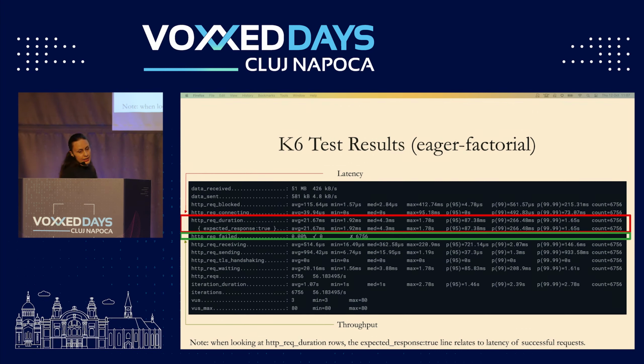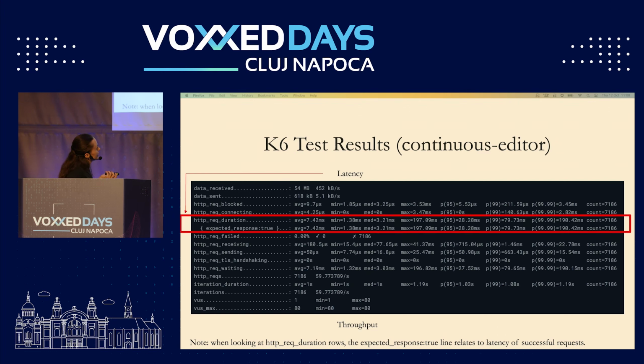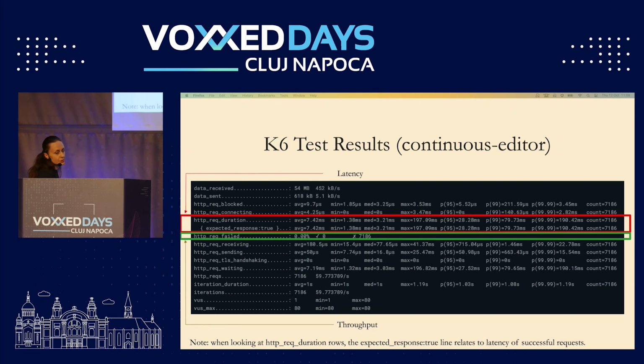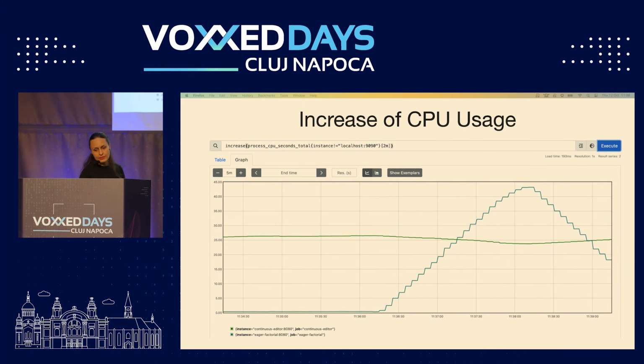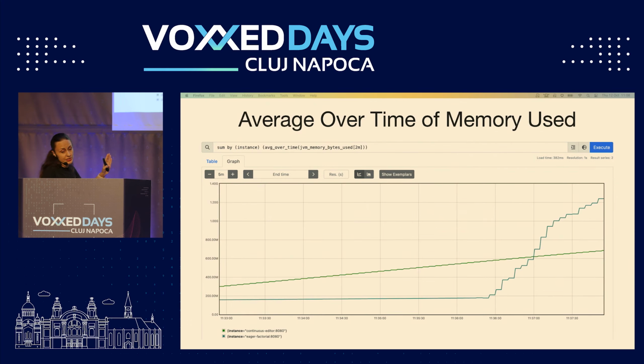However, when I'm moving to the one that is using more memory, so it should have a larger heap size, I can see that in this case, the throughput increased significantly while the average duration is lower. Again, if I'm looking over the increase of CPU usage over time, I don't see many changes. While I'm looking over the memory, I can see that more memory is being used in this case. However, I get better results on latency and throughput.